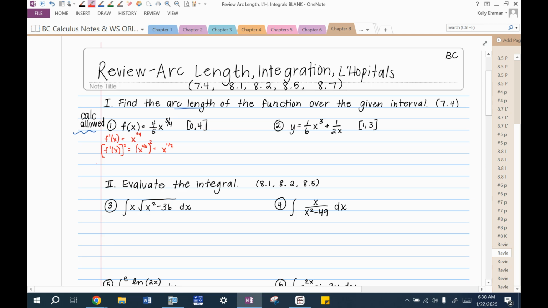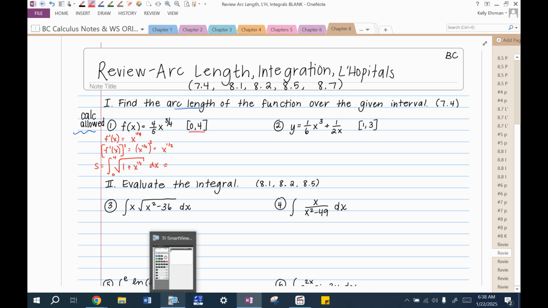And the arc length formula is s equals the integral from, we're on 0 to 4, of the square root of 1 plus f prime x squared, so x to the 1/2, dx. And we need a calculator for this one because we wouldn't have enough information to do u sub with it.